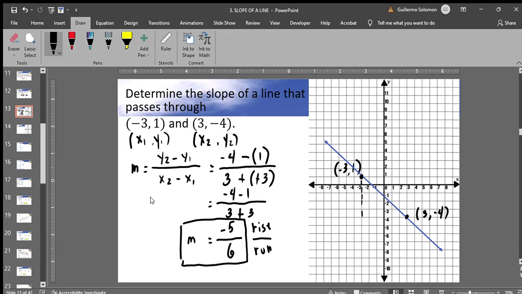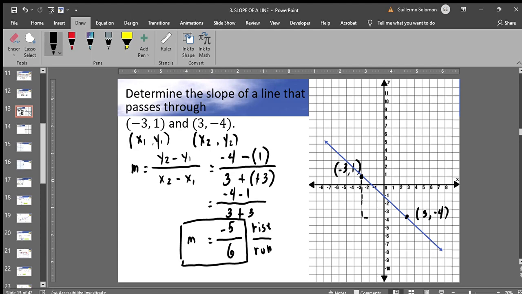Next, we have a run, that is positive 6. Since we have a positive 6, we are going to the right. If it is negative, we are going to the left. But since it is positive, let us count 6 units from where we stopped to the right.